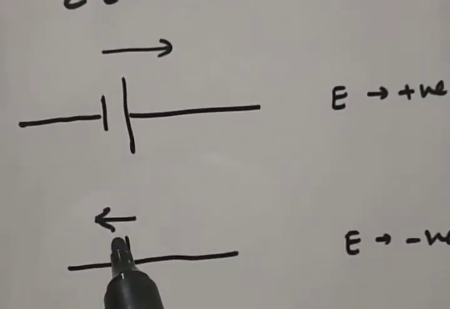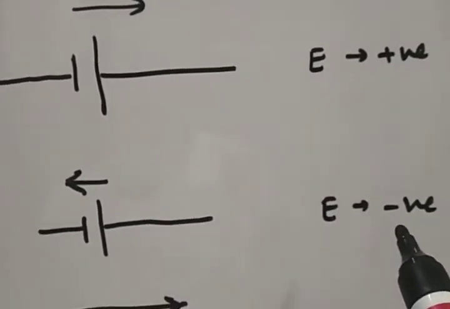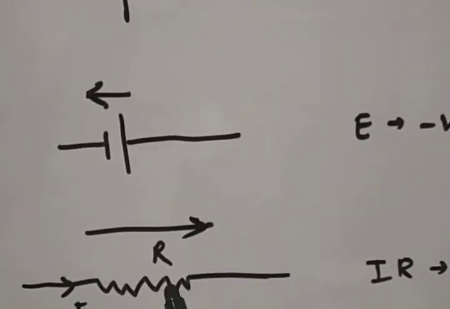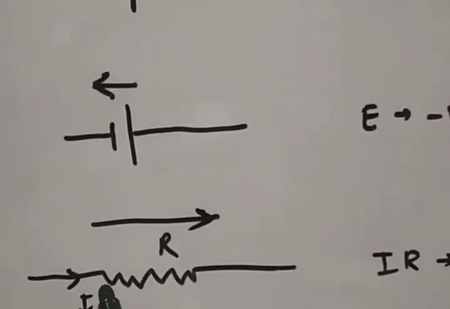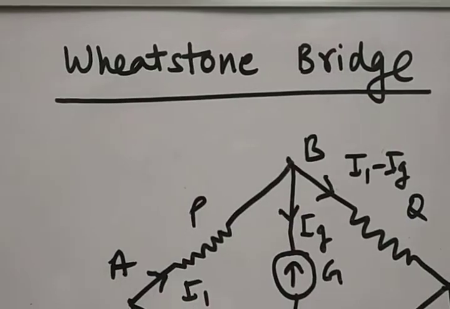If we move from positive terminal to negative terminal, then EMF will be taken as negative. For electric current, if we are moving in the direction of the current, then IR will be positive, and if we are moving opposite to the direction of the electric current, then IR will be negative.